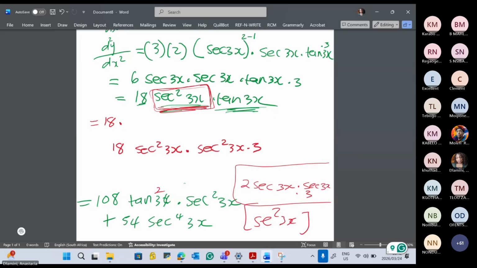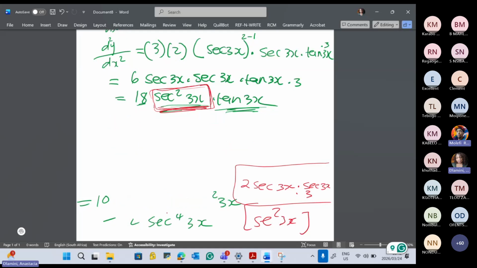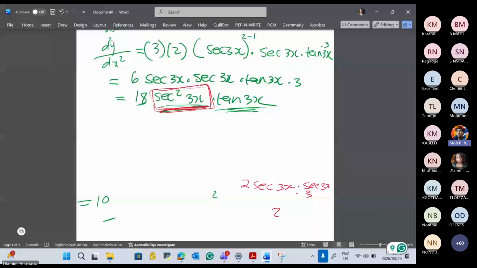Okay. If you differentiate sec, you get sec tan. You don't get sec alone. It's never sec alone. When you differentiate sec, it gives you sec tan x. So can we do that?